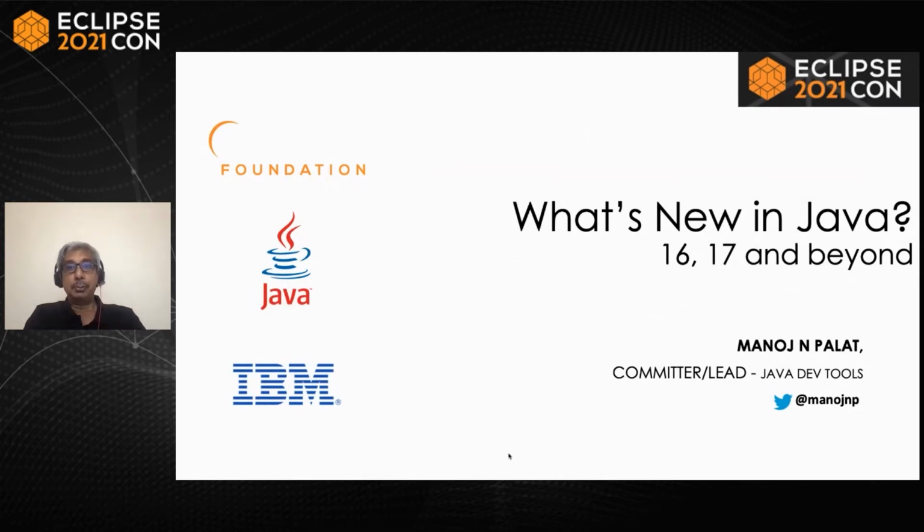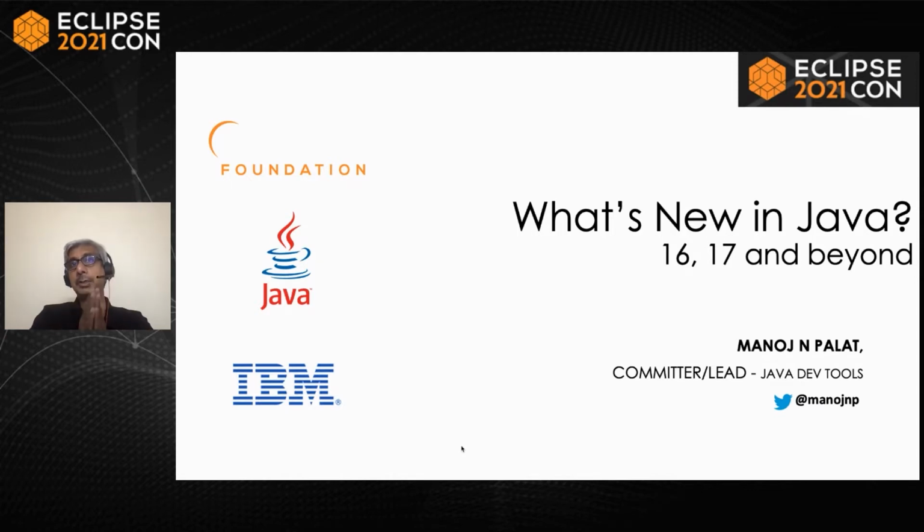Now, all of you know that there is javac that is given by Oracle. Similarly, if you are from the Eclipse world, you would know that Eclipse has its own Java compiler, called Eclipse Compiler for Java, and that's what I work on. I'm Manoj. I work in IBM. I'm an open source lead and committer. I lead the Eclipse compiler effort. Also, I represent Eclipse Foundation in the EG group for Java language in the last few releases.